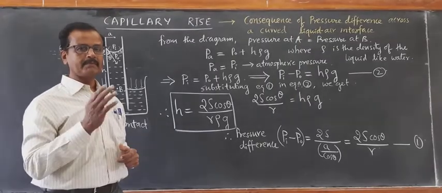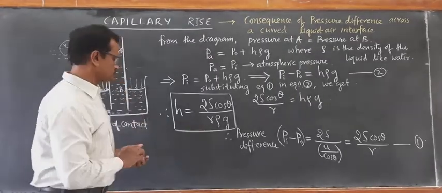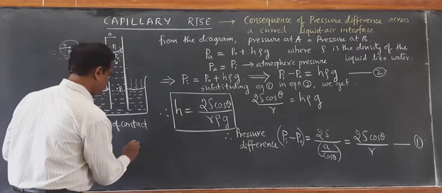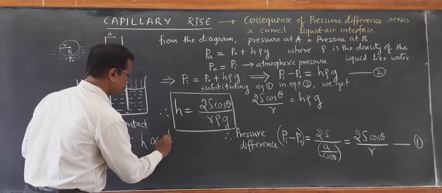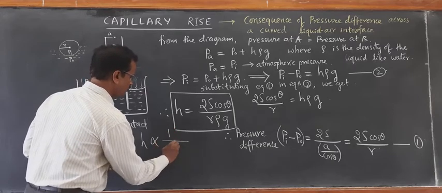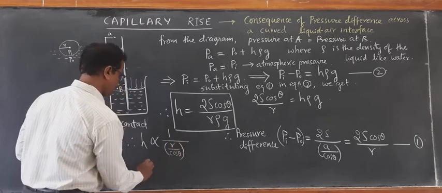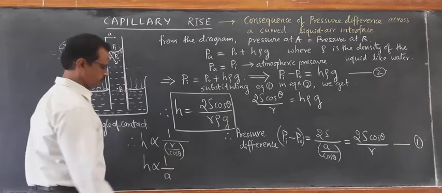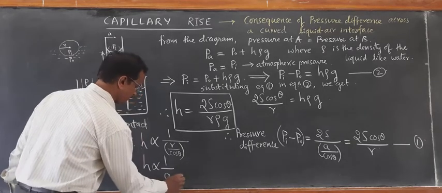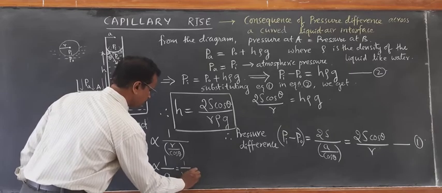So capillary rise is inversely proportional to density. So we can write, therefore, H is inversely proportional to R by cos theta. That is, H is inversely proportional to the radius of the tube.